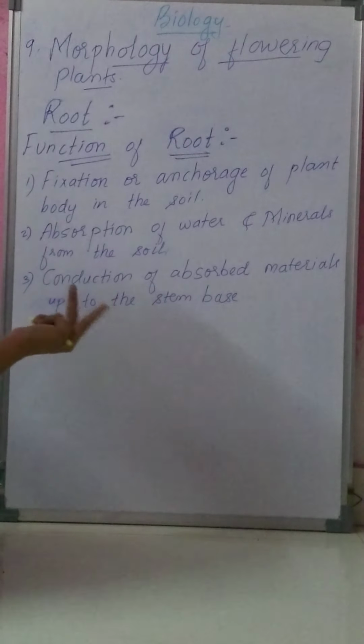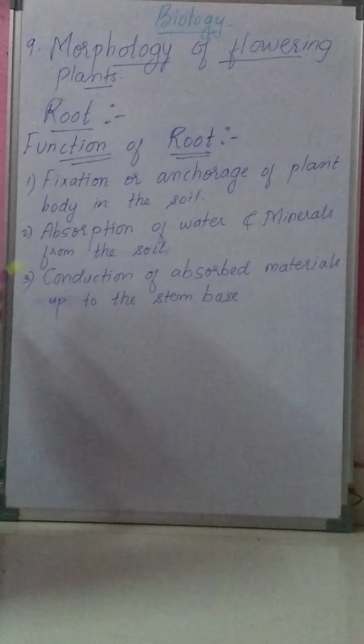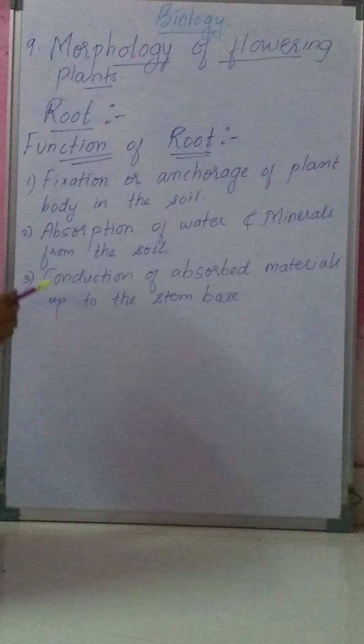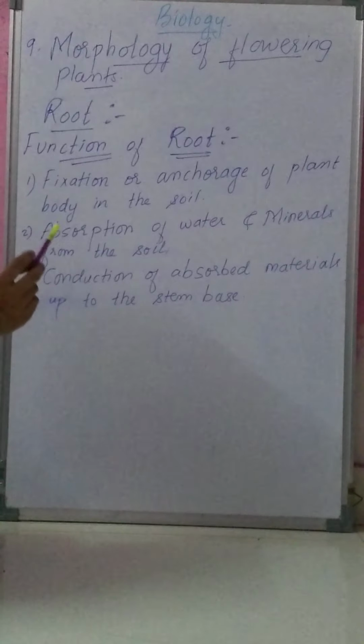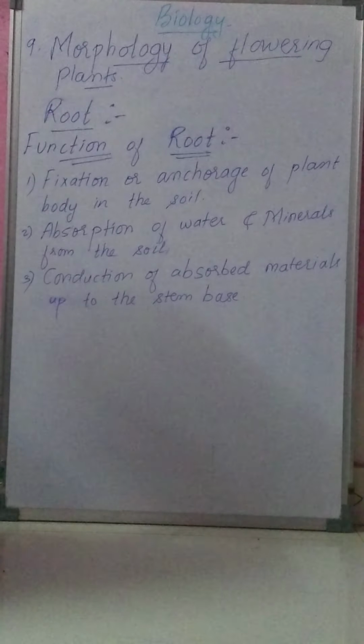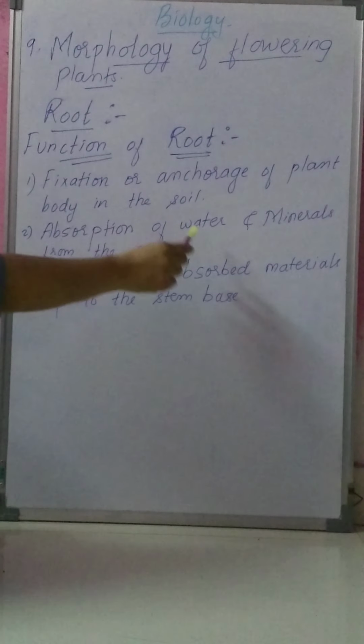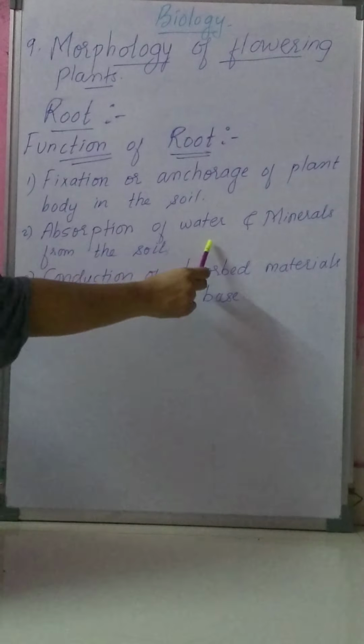Then the third function of root is conduction of the absorbed material up to the stem base. Now what are the absorbed materials? Absorbed materials are water and minerals. So conduction of water and minerals to the stem base.